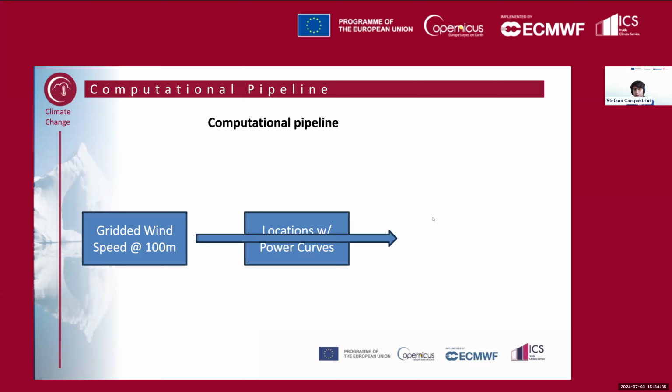And as we know, for a specific wind speed, we get a specific power output, or actually a capacity factor, and we obtain locations and capacity factors. So we obtain a time series. Let's say at location A, we have a time series of wind speed. We put this time series of wind speed through the power curves, and we obtain a time series of capacity factors.